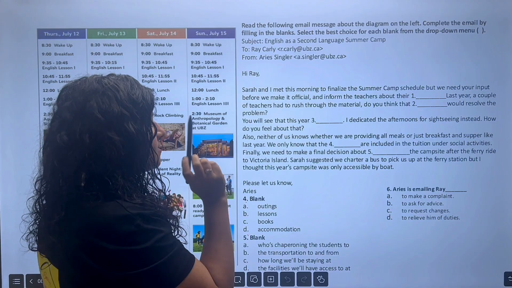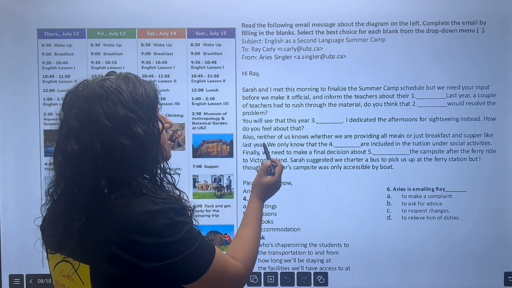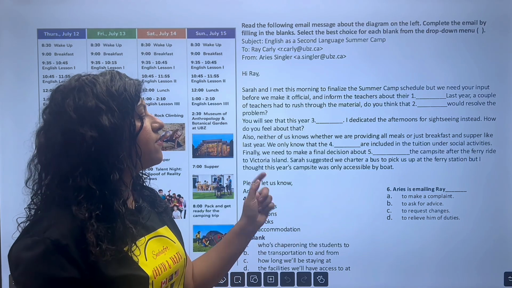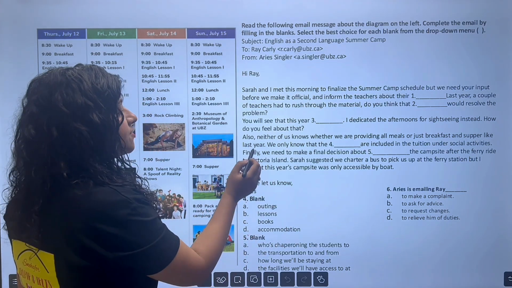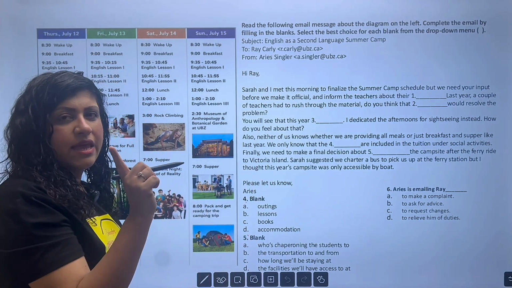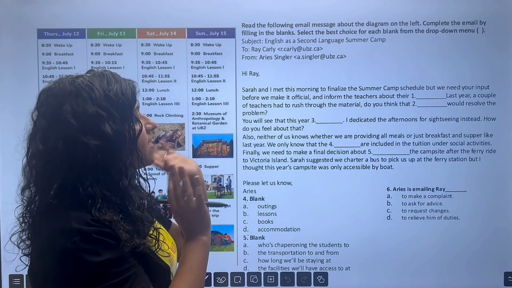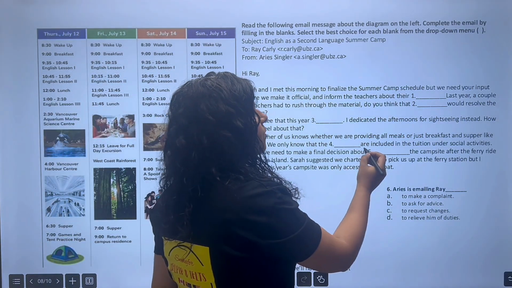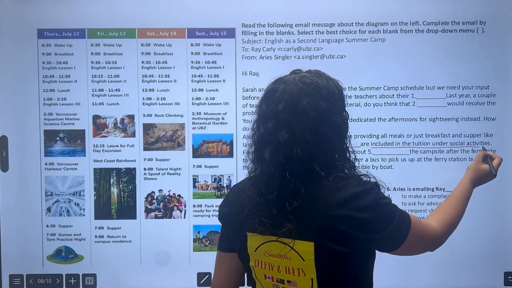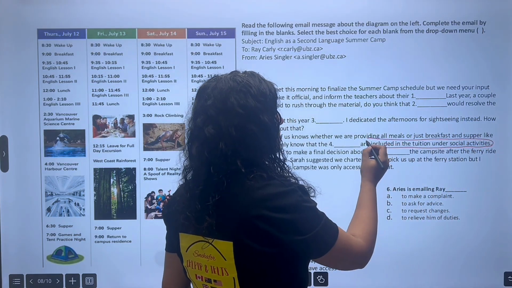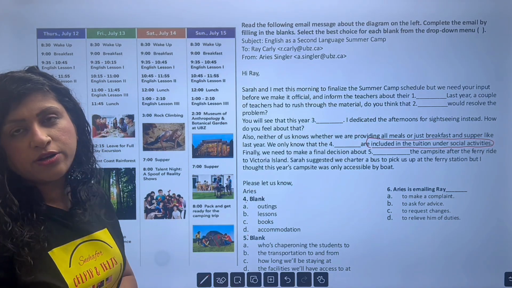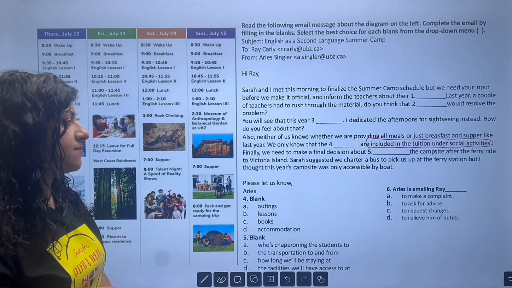So this Aries is saying that neither of us knows whether we are providing all meals or just breakfast and supper like last year. The only thing Aries and Sarah know is that something is included in the tuition under social activities. So what is that thing which is included in the tuition under social activities?